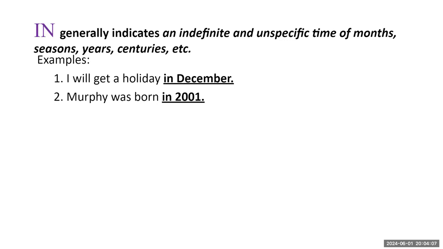If we'd like to have an unspecific time of months, basically we're not sure of specific dates, we'd like just to emphasize a happening or an event sometime in December. That's actually how you can use that. I will get a holiday in December.